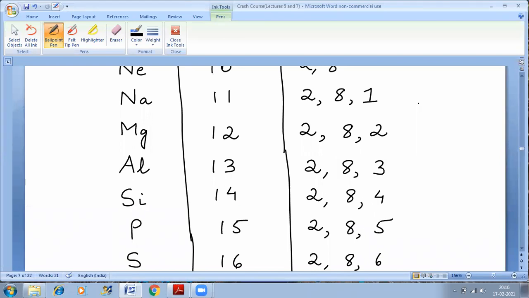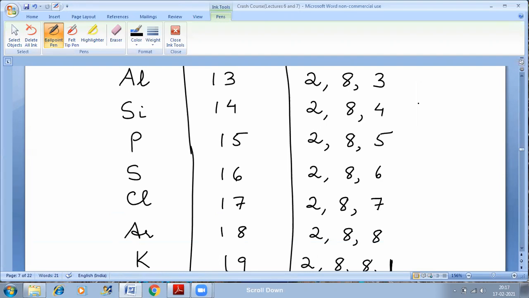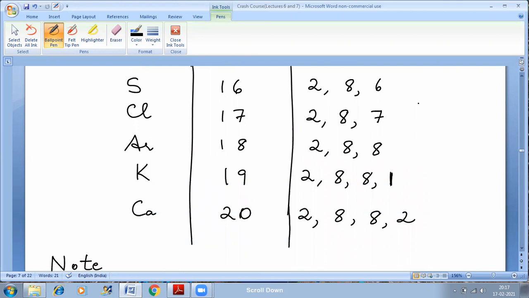So they will be chemically similar. In calcium, we are supposed to know the electronic configuration.